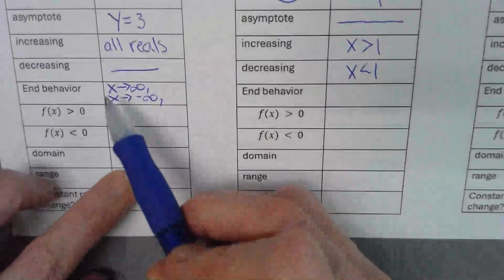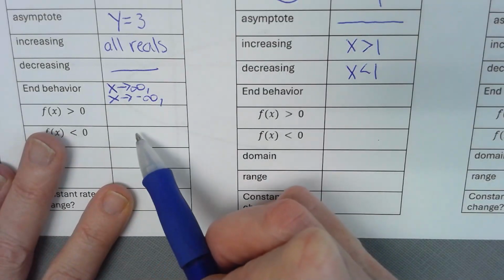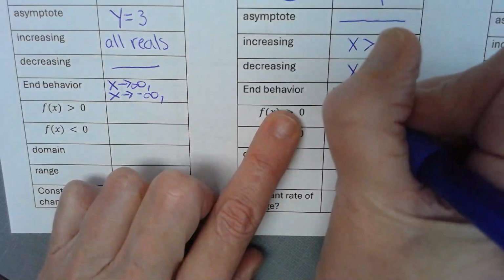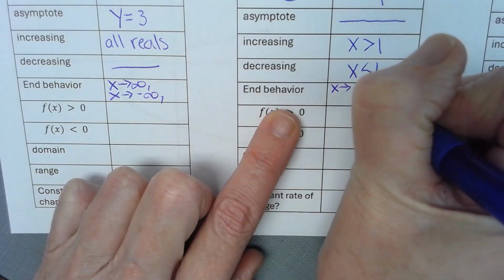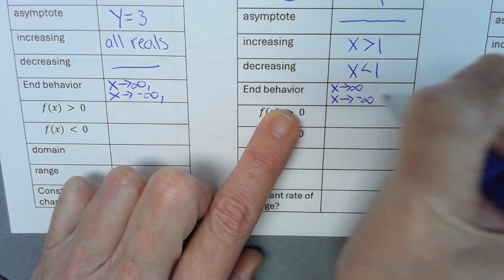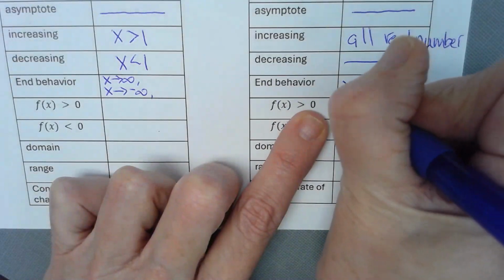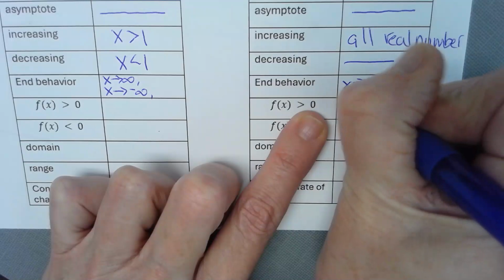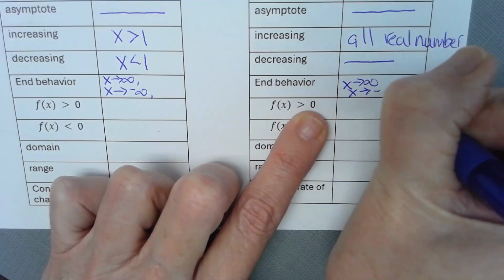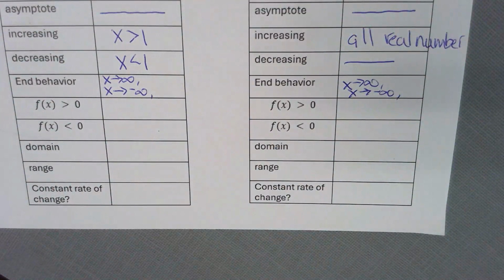So you're going to write x approaches positive infinity, x approaches negative infinity, and let's go ahead and do that on all of them, because the x part doesn't change.